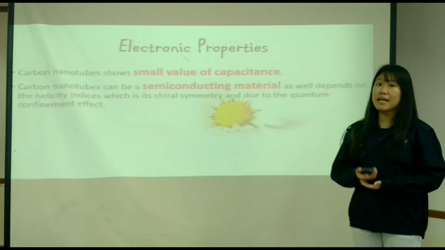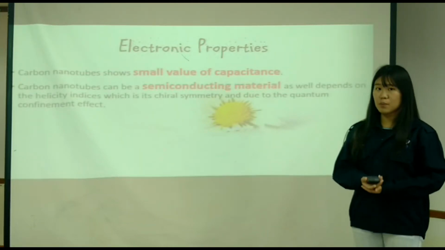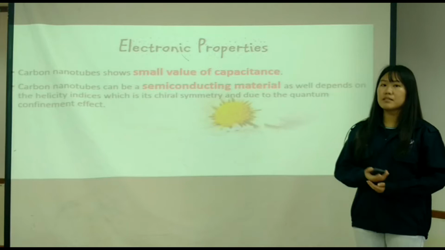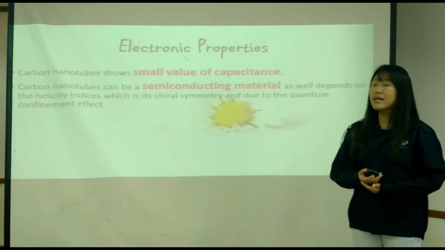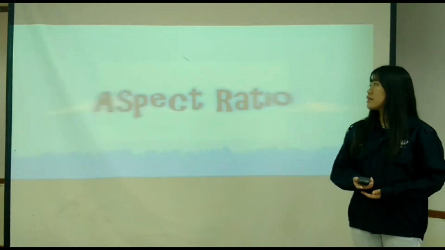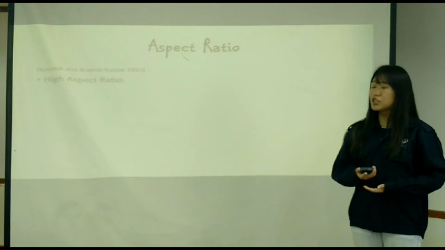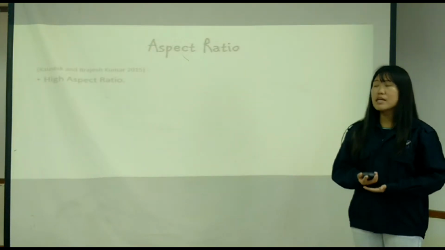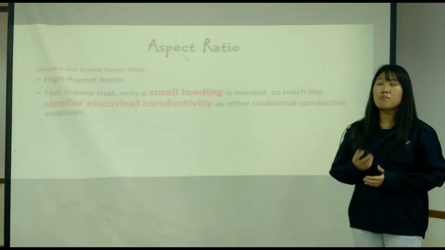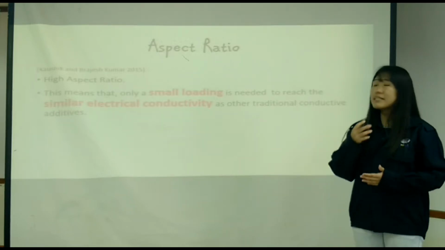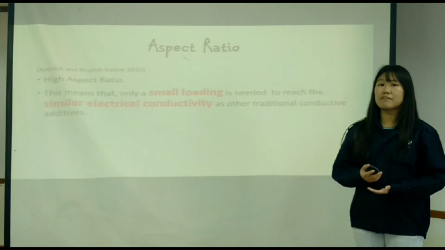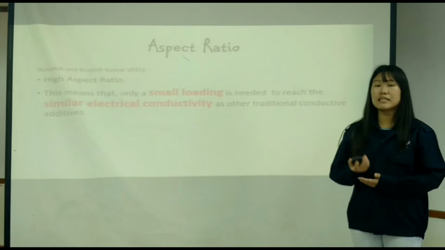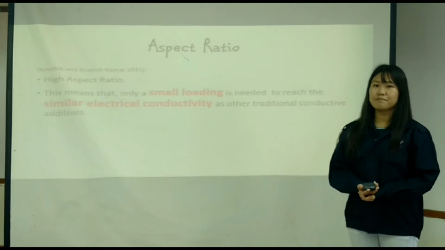The carbon nanotubes have a small capacitance as well, and they can be semiconducting materials depending on the helicity indices. Last but not least, the carbon nanotubes have a high aspect ratio. This means that only a very small concentration can reach a similar electrical conductivity as additional conductive entities. Thank you.